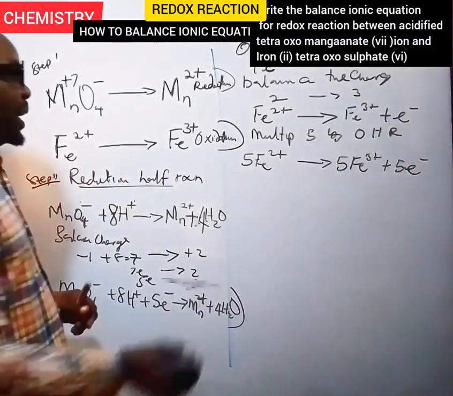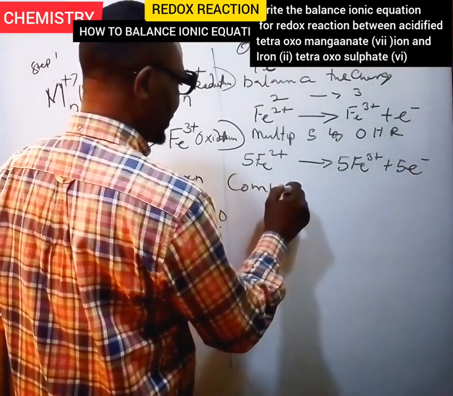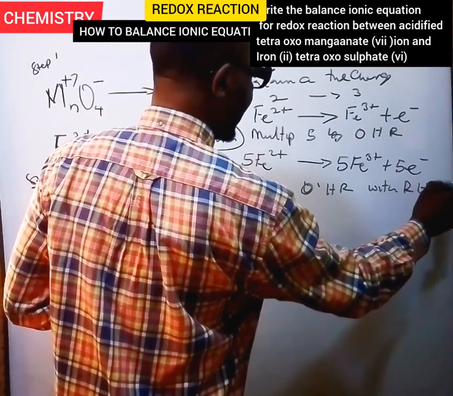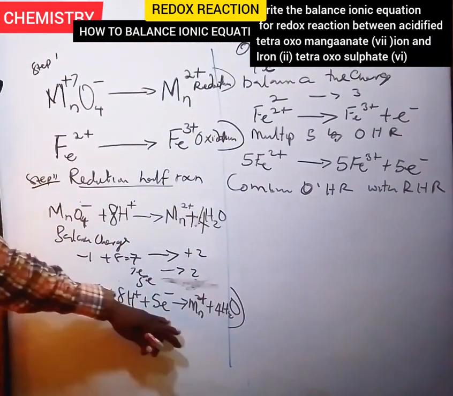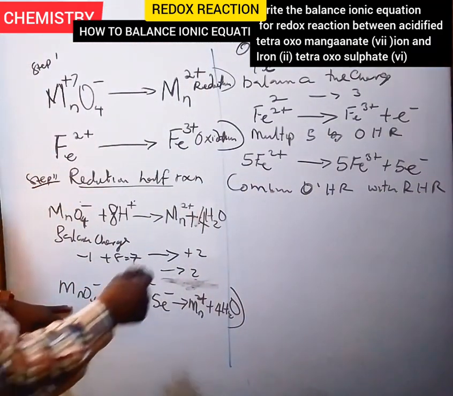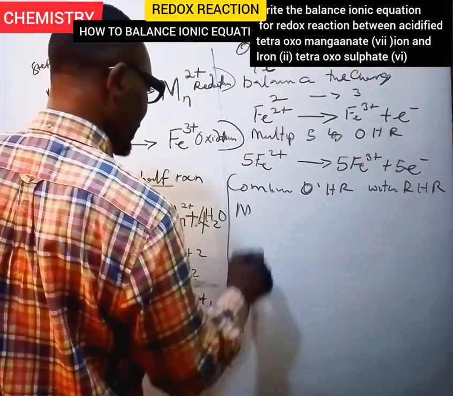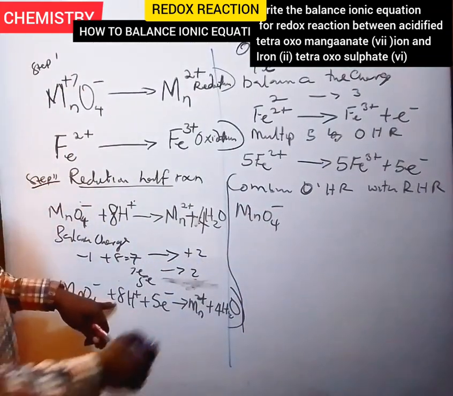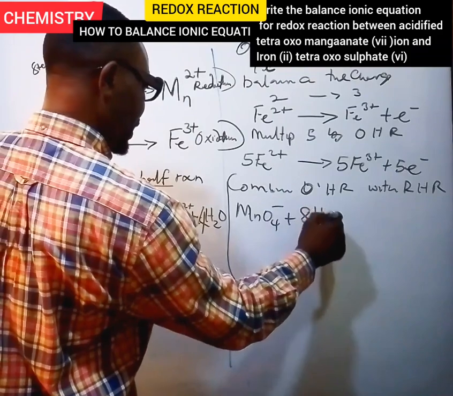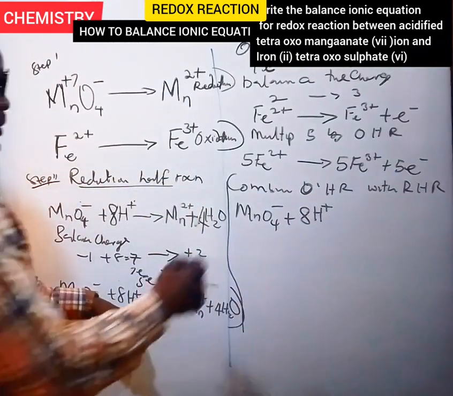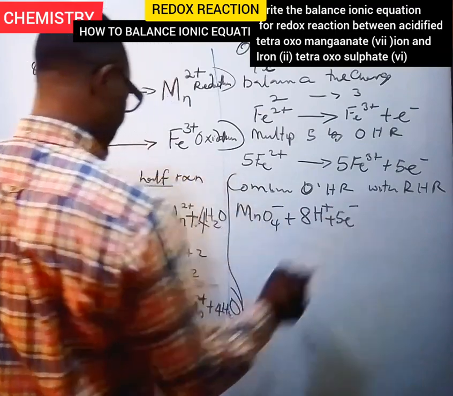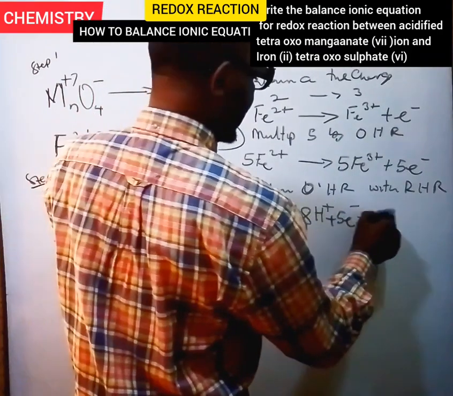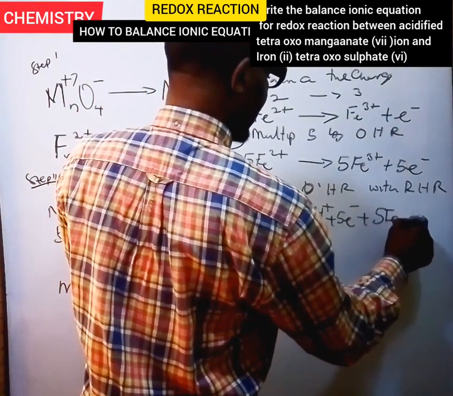Then after that, you combine the two equations: the oxidation half reaction with the reduction half reaction. The reactants for the reduction half reaction are MnO4-, plus 8 hydrogen ion, plus 5 electrons. Then the reactant of the oxidation half reaction is 5 Fe2+.